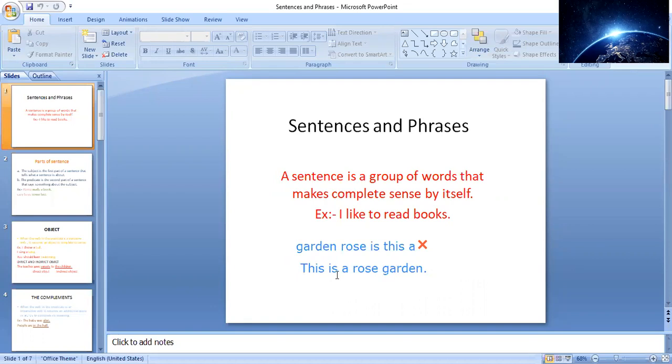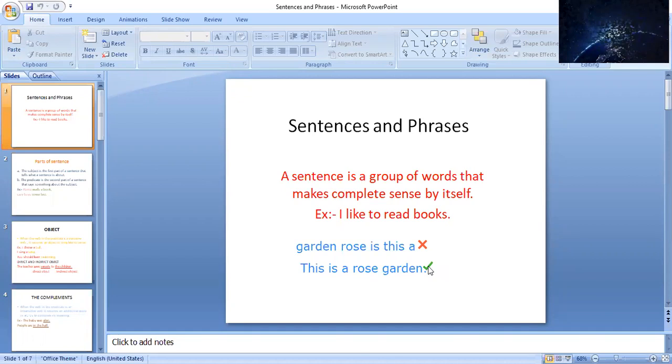From this sentence, this is a rose garden. This is a sentence. This collection of words is giving us a complete sense. Obviously, this is a sentence.